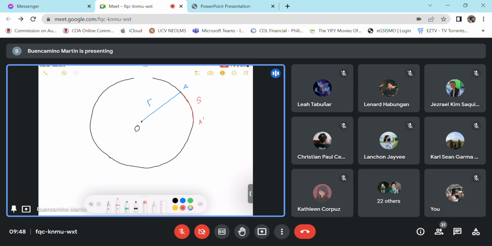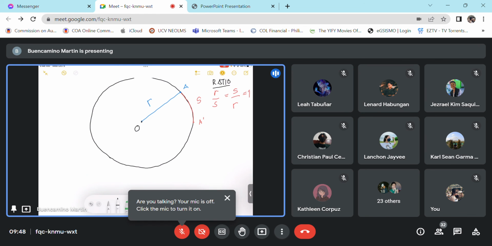Now, if I am going to stretch this arc, such that this arc is equal to R, kung i-straighten ko yung S at ang measure niya is equal to R, then the ratio of S to R is always equal to 1. So take note, class, what I mentioned here is a ratio.